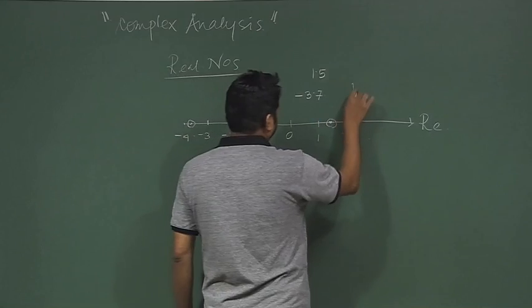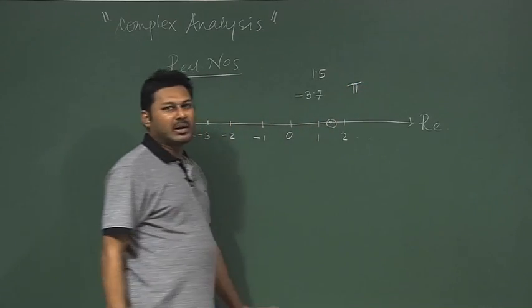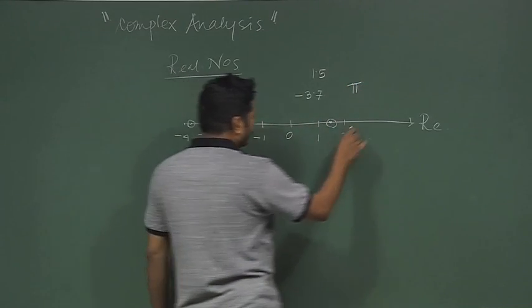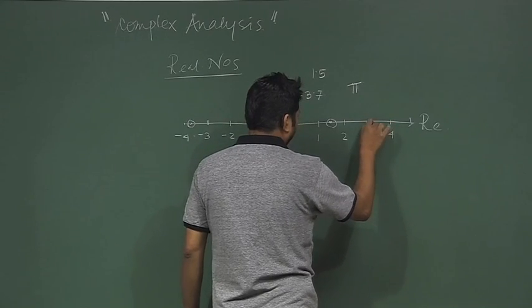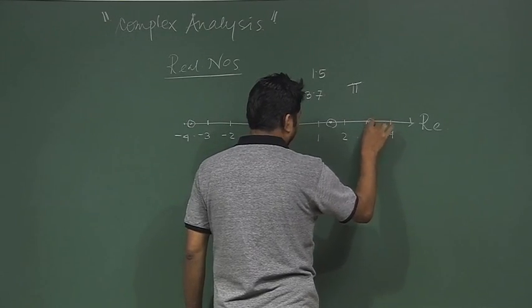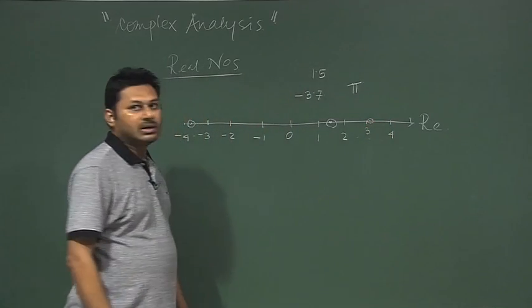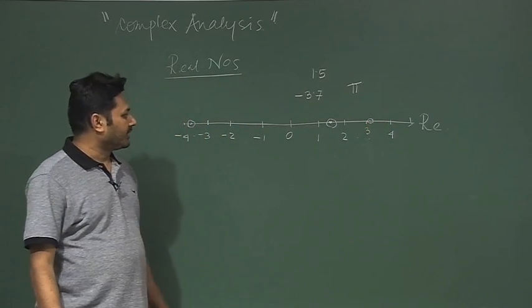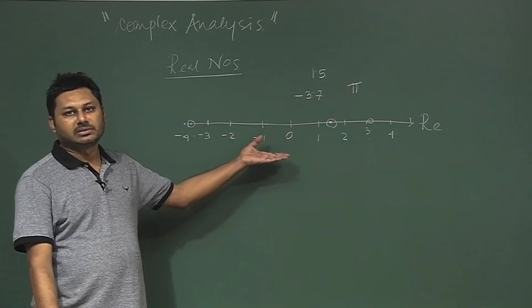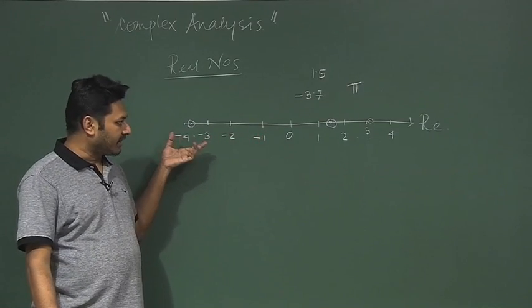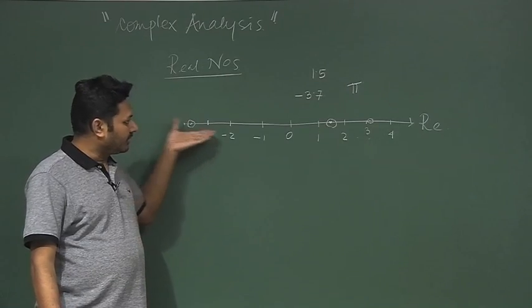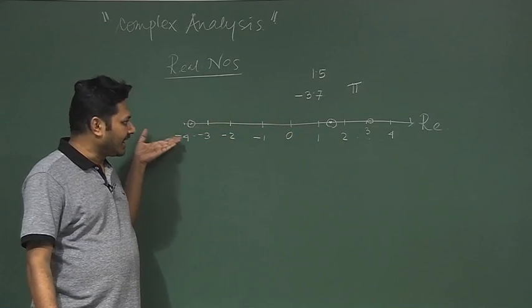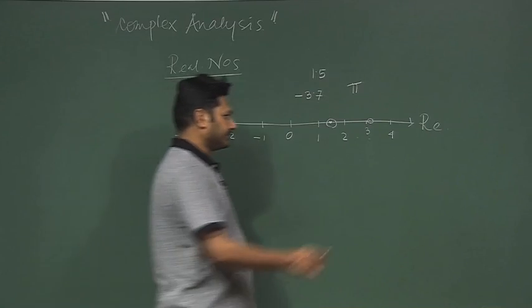Pi, which is approximately 3.14, will be placed very close to 3 but greater than 3, somewhere here. So, the point is, whatever the number, if it is real, rational or irrational, you can put this number on this real line, this real axis, which is called the real axis.